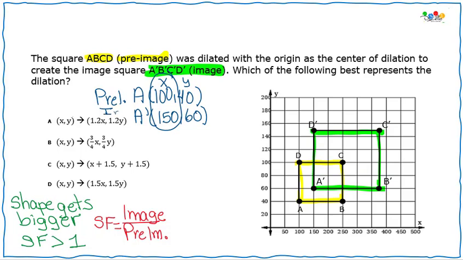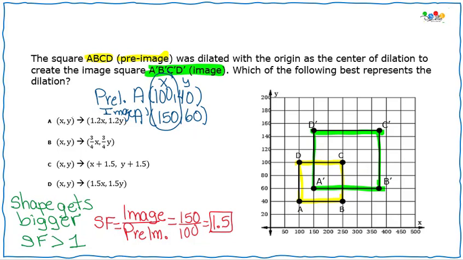And this is my image. Very important that I know my numbers, right? Because now I'm going to write them down on my problem below so that I can compare. So I want to compare the X's. The image is 150 and the pre-image is 100. What do I get as an answer? 1.5. Very good. That will be my scale factor for one of my numbers.